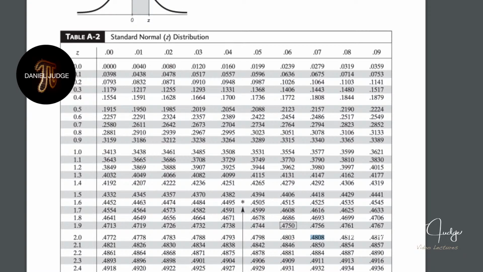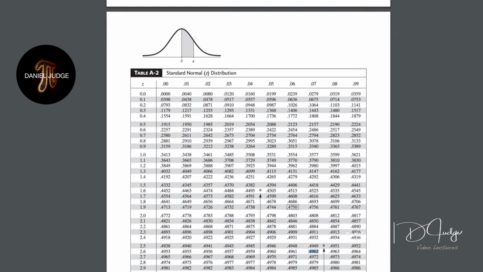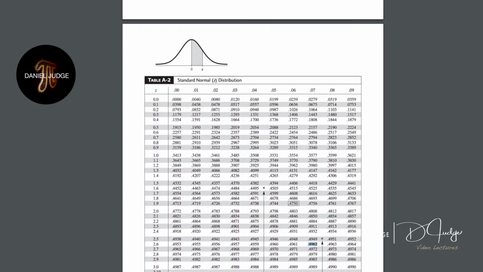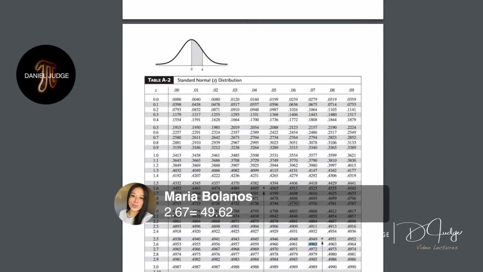Okay, double check. Is that, no, it's 2.67. Oh, all the way down here, 2.6. 4962. So let's double check, see if you guys can see this. Yeah, 4962. So it looks like, who do I have some agreement with? I think Maria agrees.